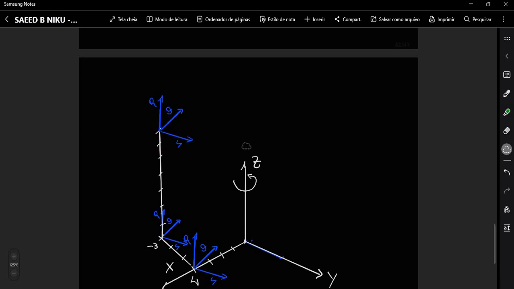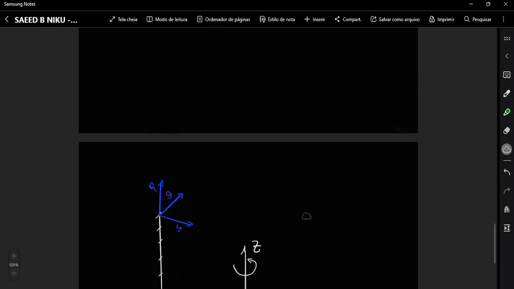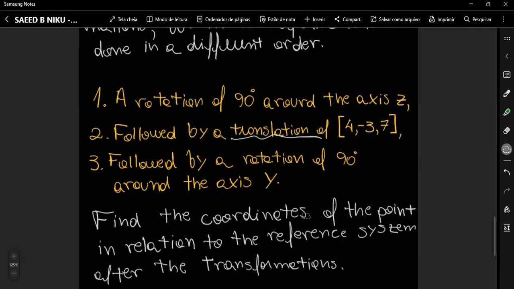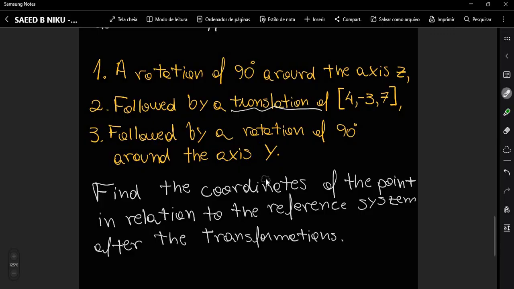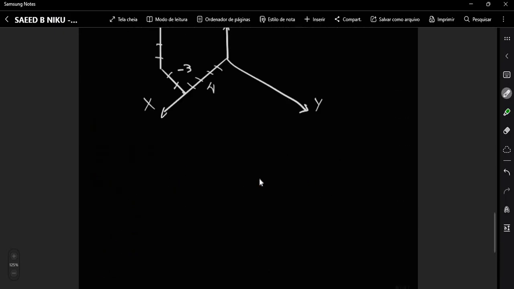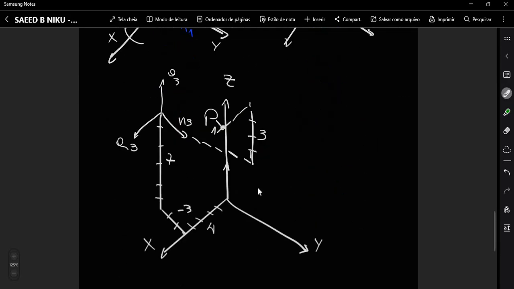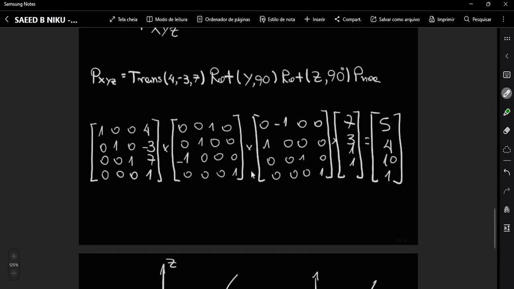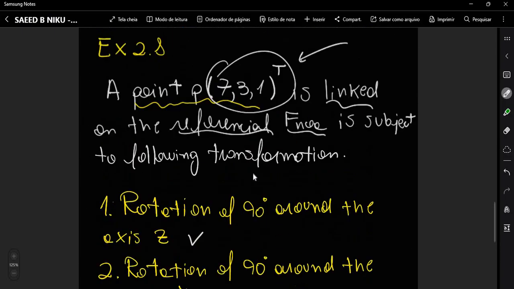And that is the final position of the point. Oh no, sorry. We got the last one, which is also a 90 degrees, but now above the axis Y. But at this point, you already can see that it is pretty different from the way that it looks on the example 2.8.